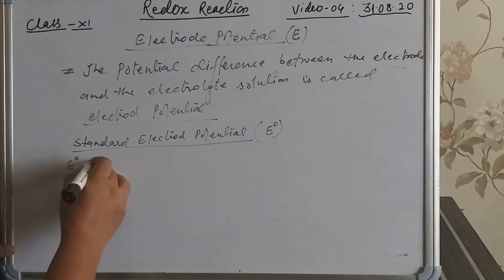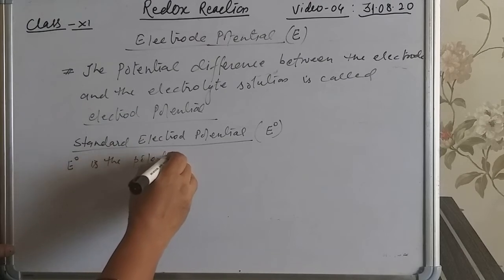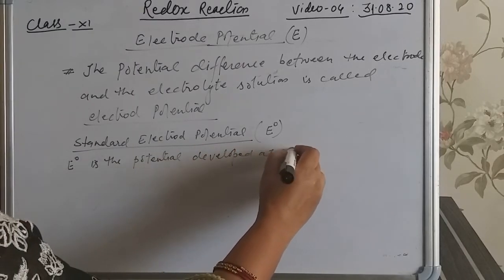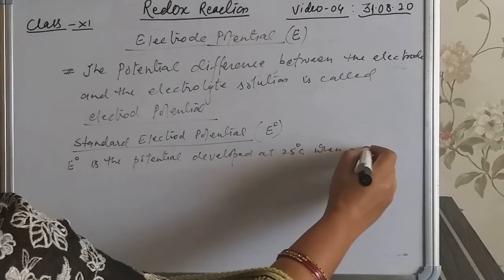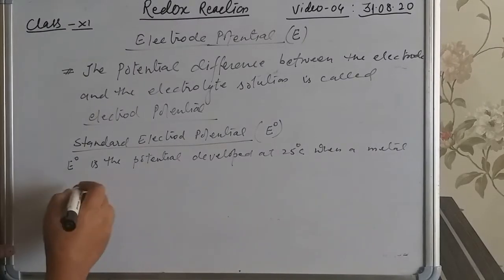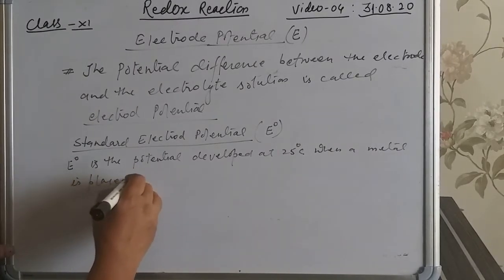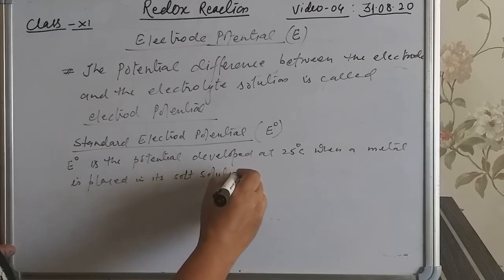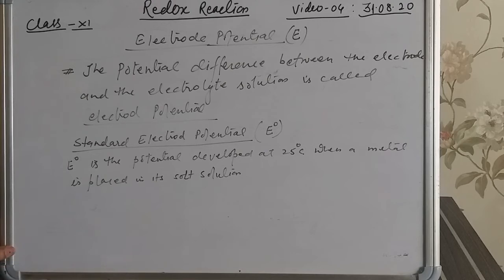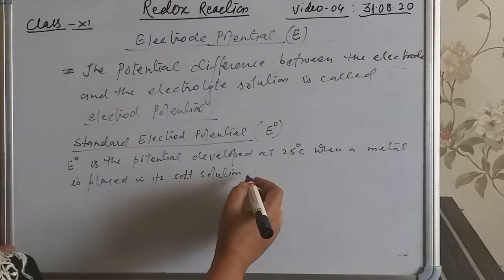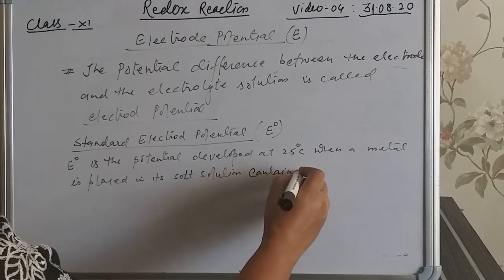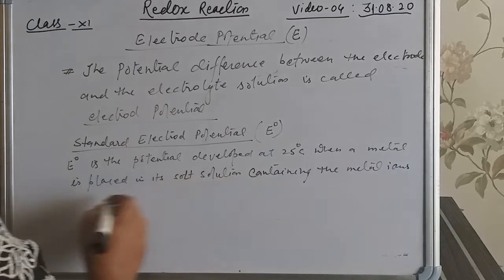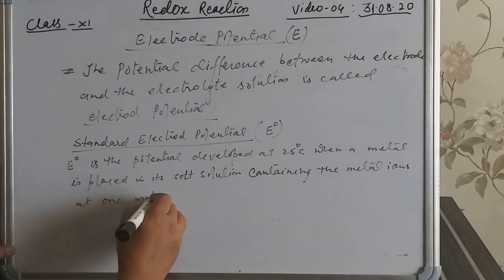E naught is the potential developed at 25 degrees Celsius when a metal rod is placed in its salt solution, suppose zinc with zinc sulfate solution, copper with copper sulfate solution, containing the metal ions at 1 molar concentration.